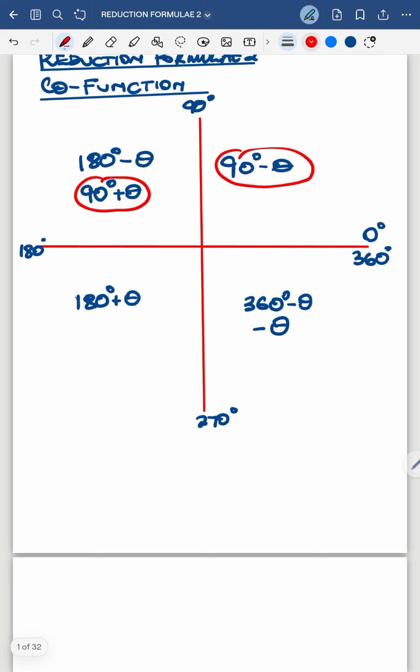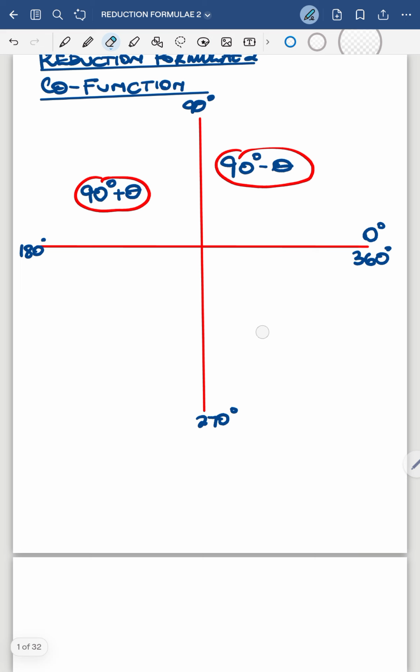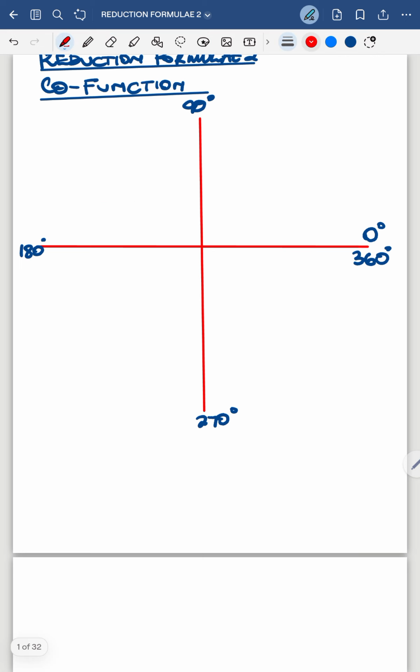Now let's remove the other angles here and rewrite. In the first quadrant we have 90 degrees minus theta, then in the second quadrant we have 90 degrees plus theta.